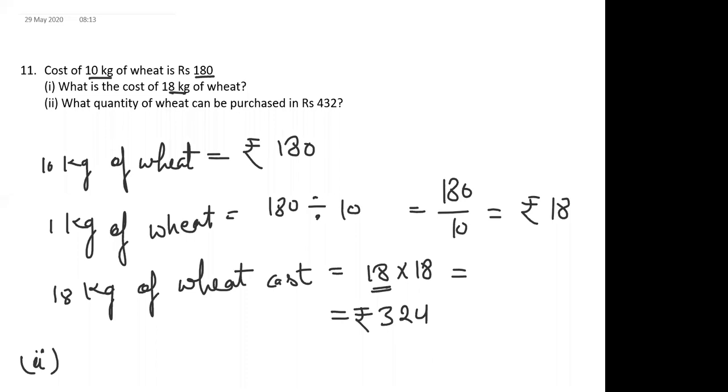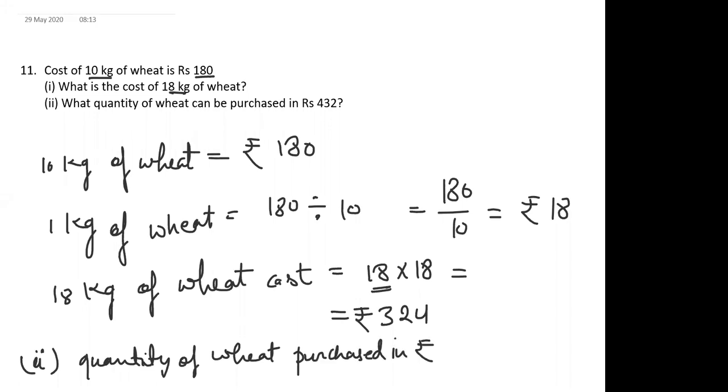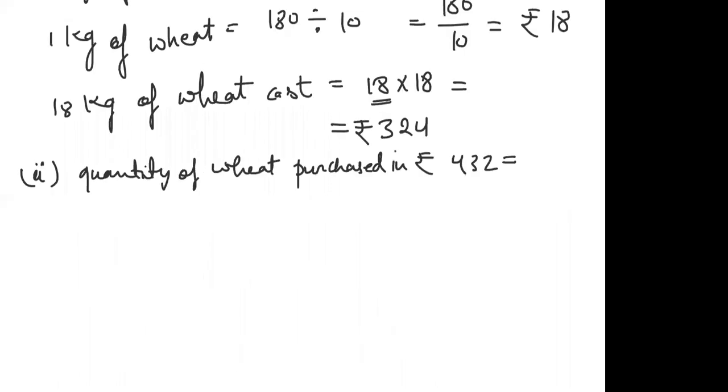So quantity of wheat purchased for rupees 432 is equal to, now the price of 1 kg of wheat is rupees 18. So just divide 432 by 18 and you will get the answer. Now tell me the answer.